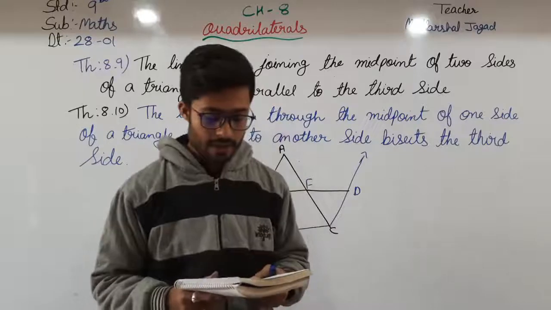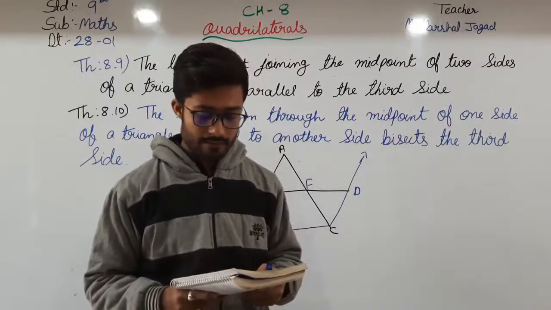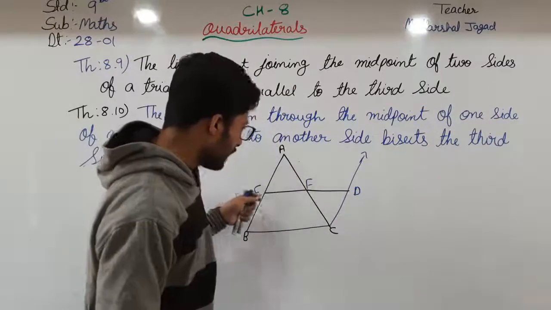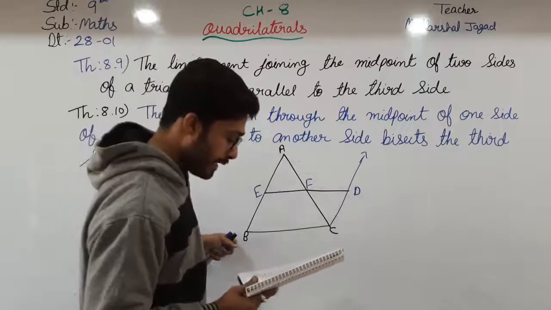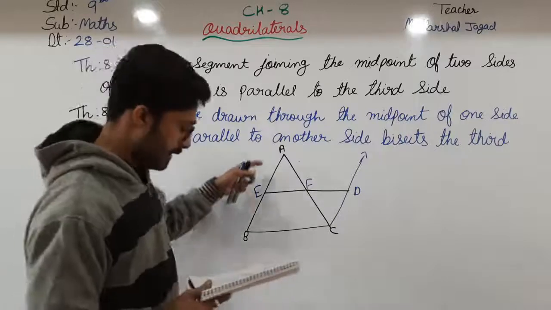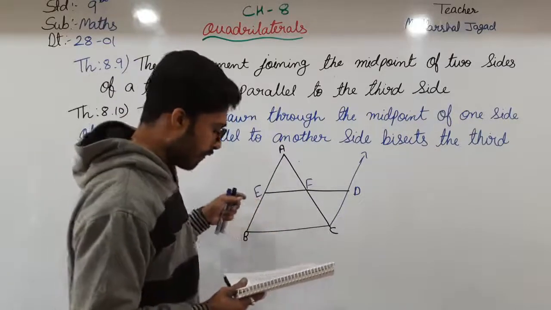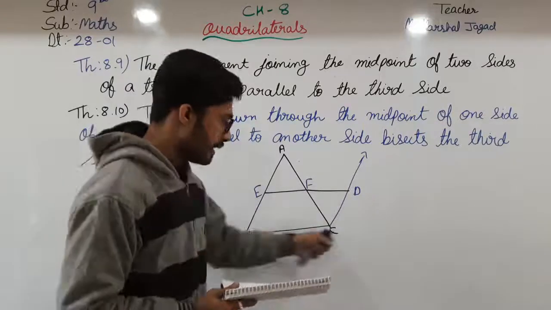Therefore, BCDE is a parallelogram. This gives EF is parallel to BC. And in this case also note that EF is half of ED and half of BC.